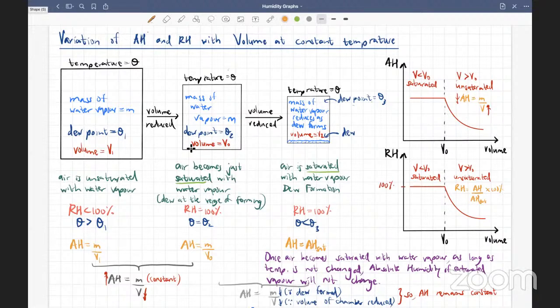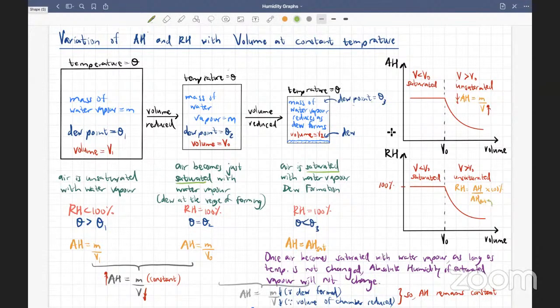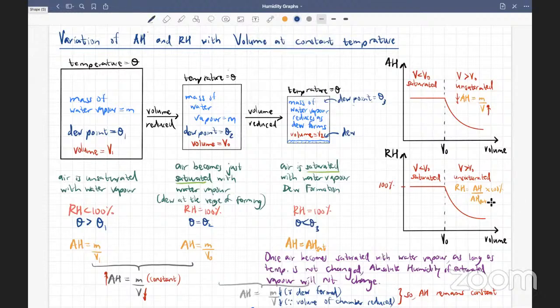When the volume is greater than V naught, AH is reducing, but AH saturated is constant. Why is that? Because the temperature is constant.